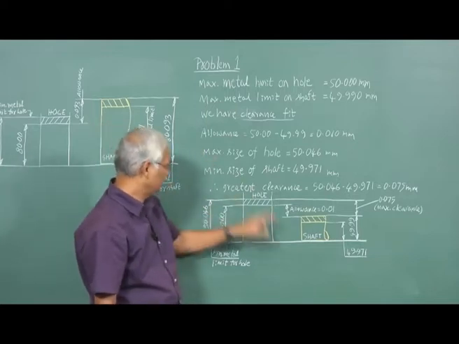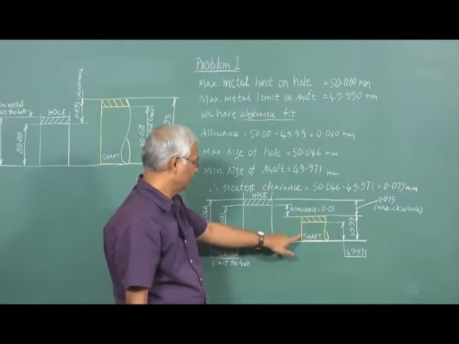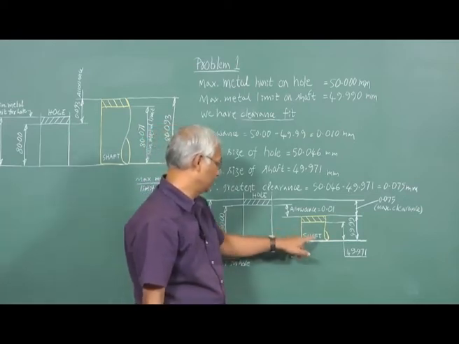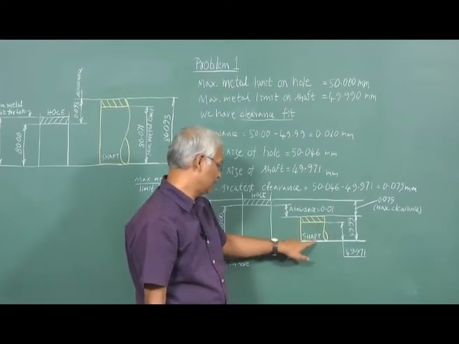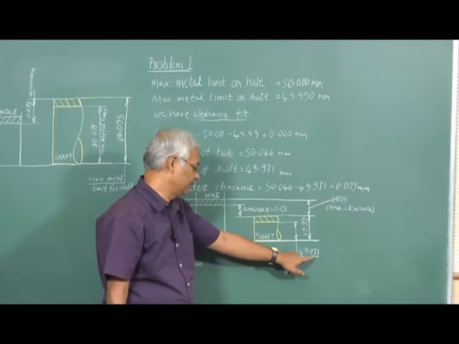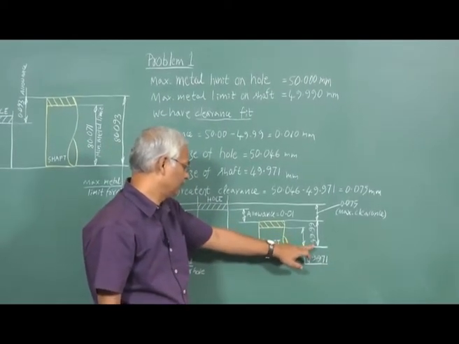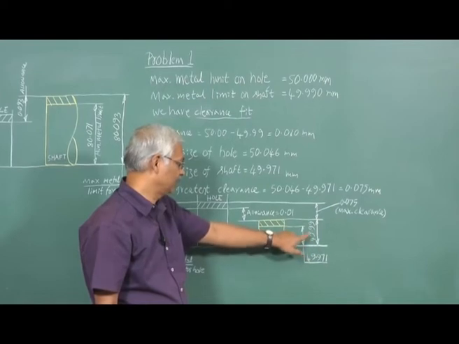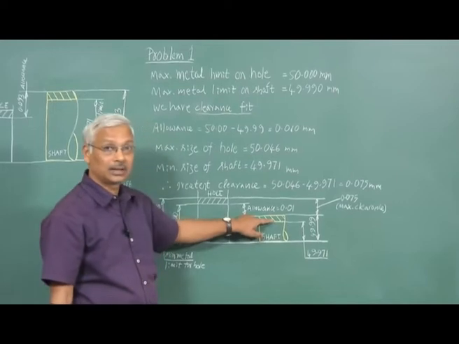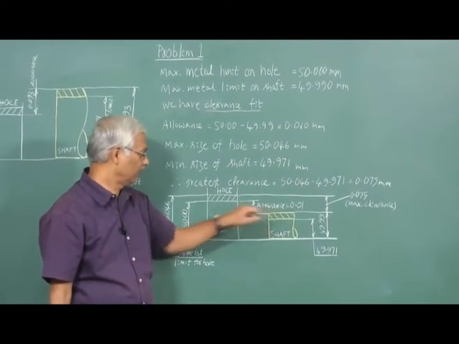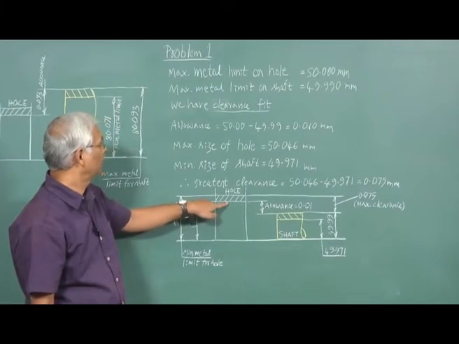Then we have the shaft, wherein the basic size is 50. Again the limits are given in the problem. The minimum size of the shaft is 49.971 millimeter, and the maximum size of the shaft is 49.99 millimeter, and this is the tolerance zone for the shaft, and this is the tolerance zone for the hole.